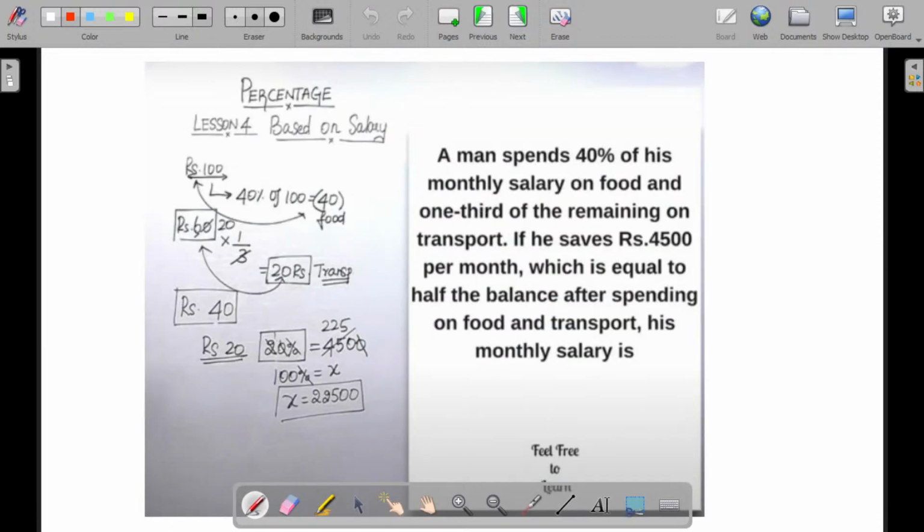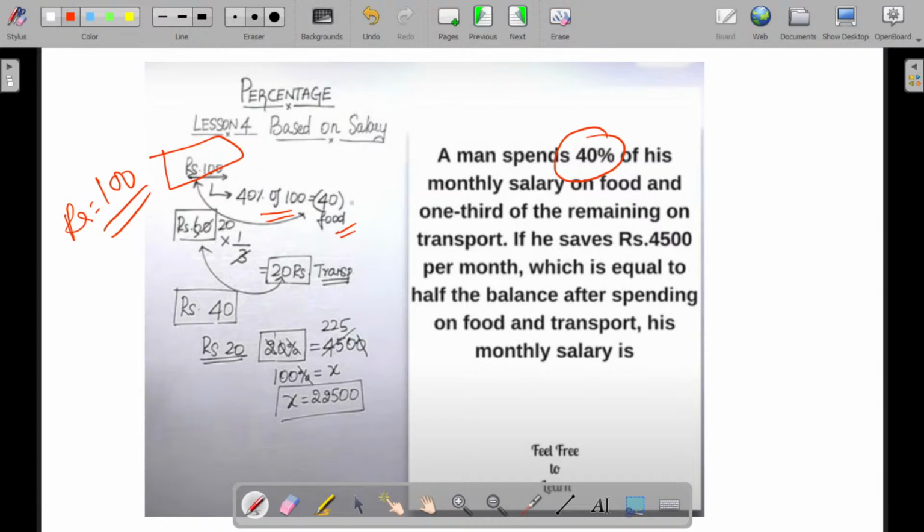Okay, so 40% of the monthly salary on the food. Suppose we don't know the total salary, so we consider the base value as 100. So 40% of his monthly salary, that is 40 rupees on the food, one third of the remaining on the transport.